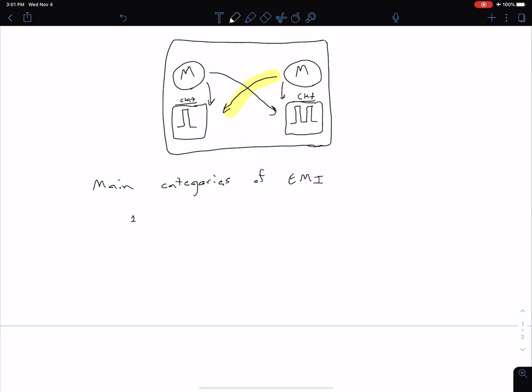Our first one deals with communication systems. With communication systems, we are intentionally using electromagnetic radiation, but there are ways it can interfere or we can have unintended effects. Our second really broad category is everything that's not a communication system.